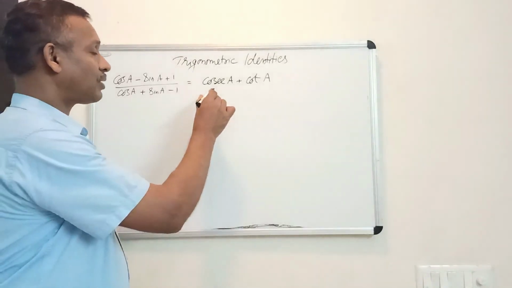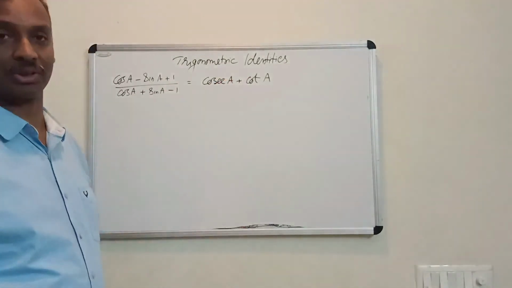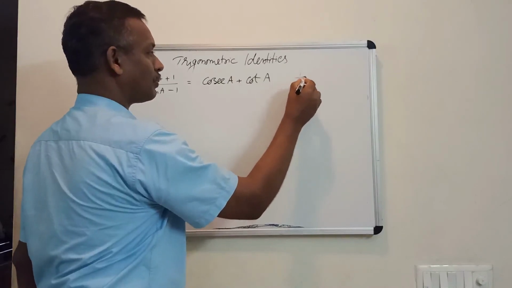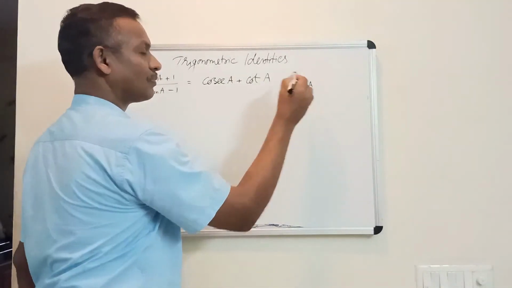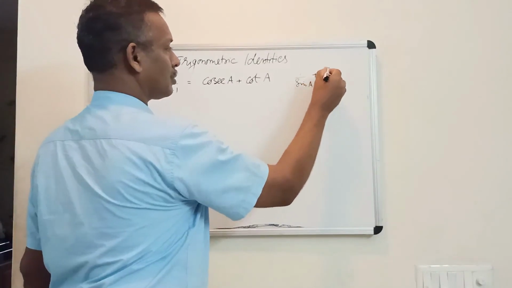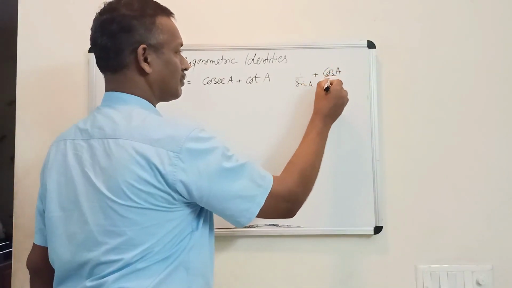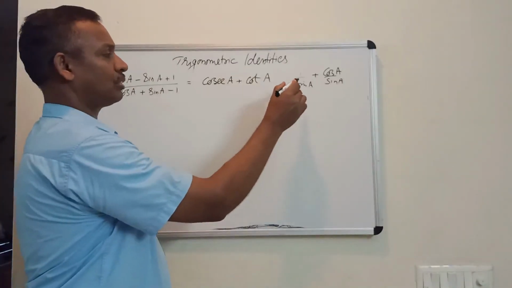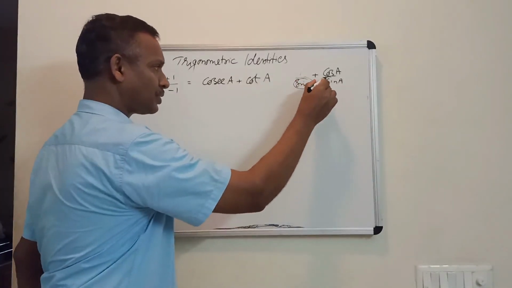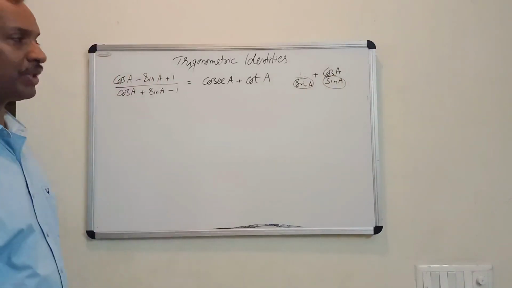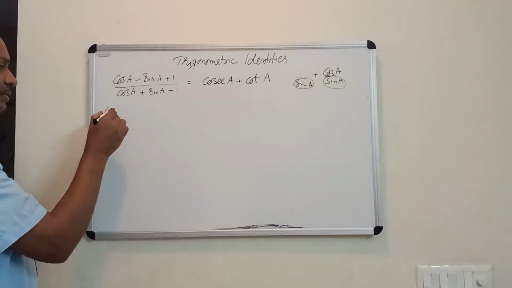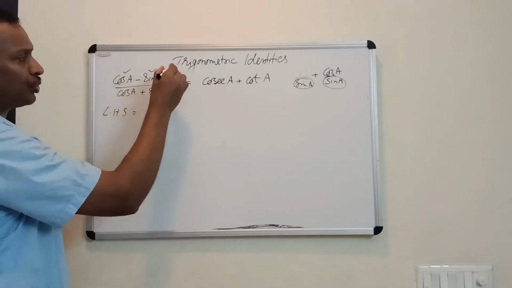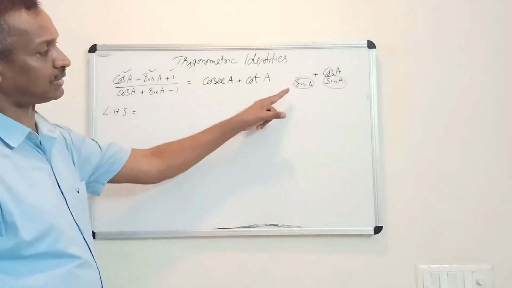So here we are going to convert to cosec and cot. Actually cosec means 1 upon sin. Cot means cos by sin. So if you want to change to cosec and cot, the denominator should have sin. So what we are doing here is taking the LHS and dividing every term of the numerator and denominator by sin.